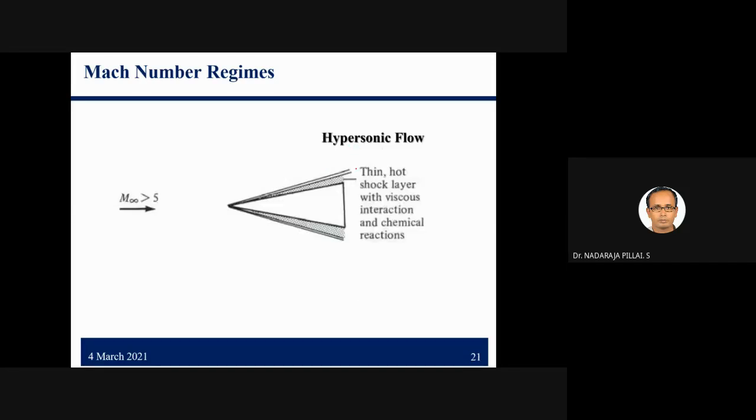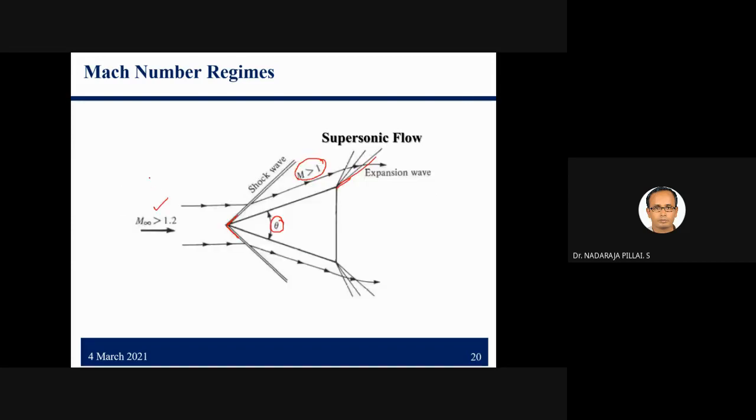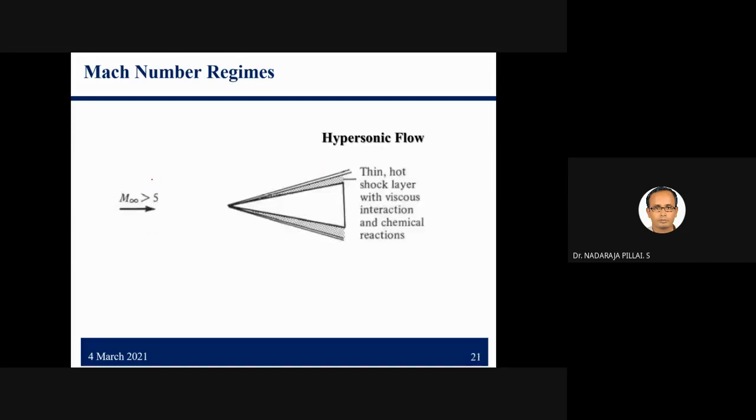Then this is a hypersonic flow. You will study the characteristics in detail one by one in later semesters. When the Mach number is more than 5, this is the rule of thumb. There is a thin hot shock layer with viscous interaction, and a lot of chemical reactions take place inside the shock because of the high temperature.